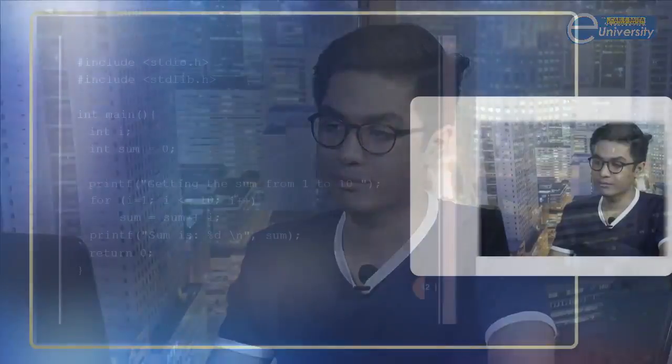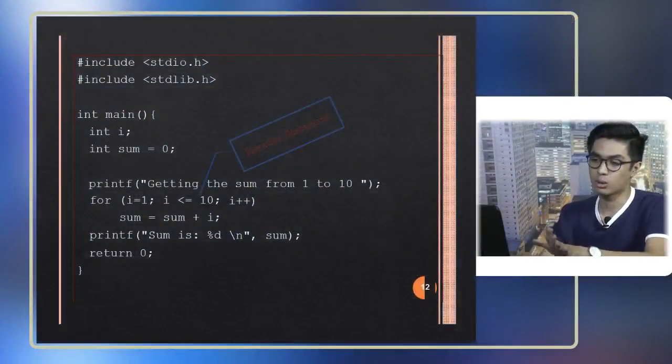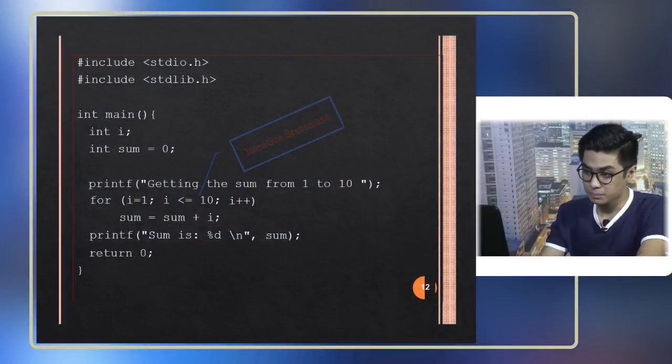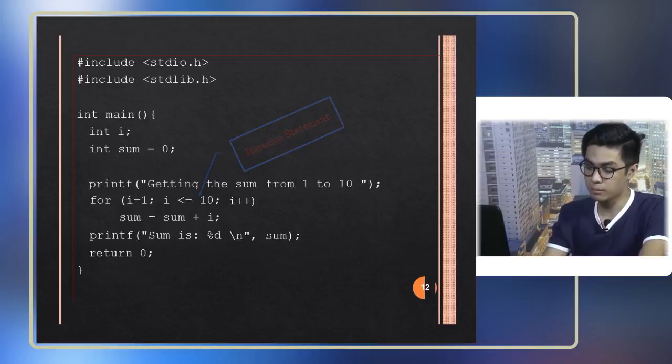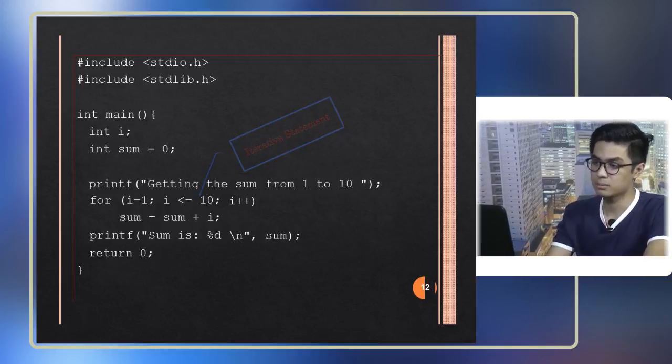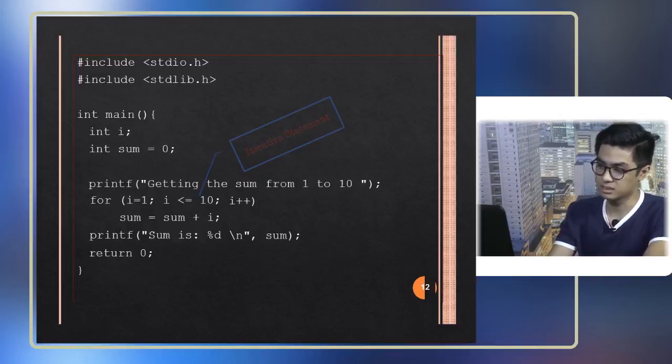So here we have sum equals sum plus I. Let's print the sum: the sum of all numbers from 1 to 10 is equal to percent %d, which is sum. So let's run this program.